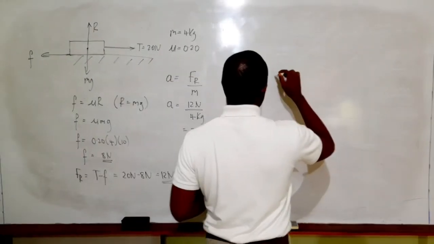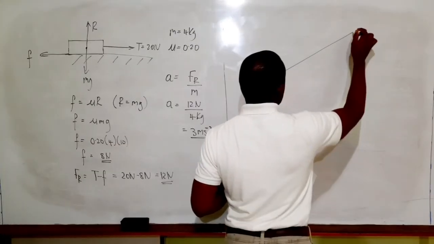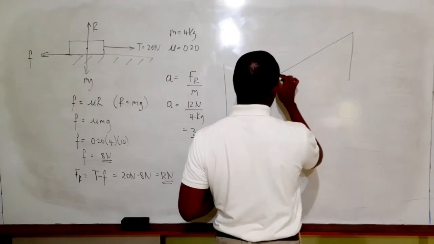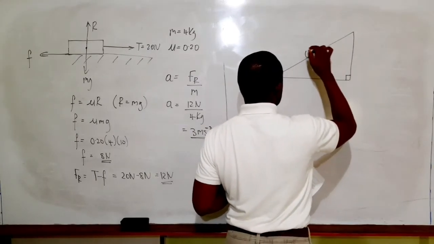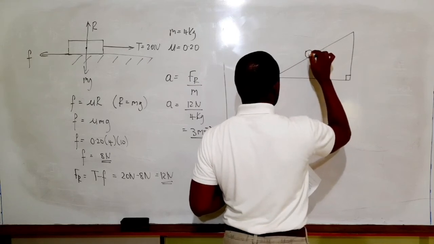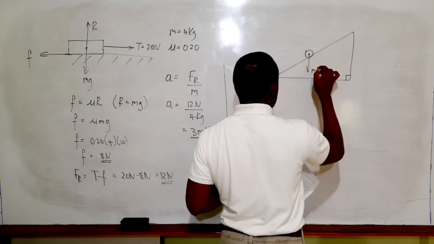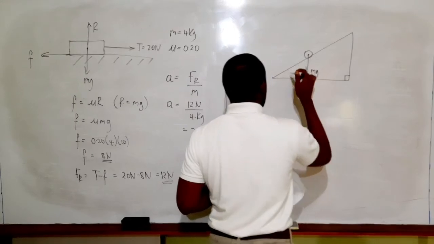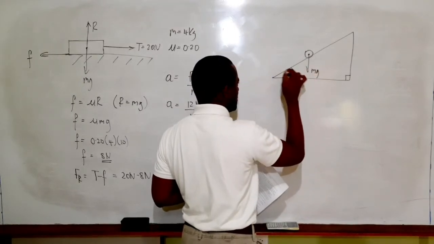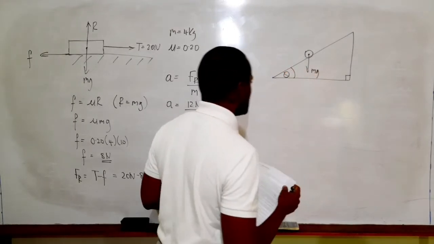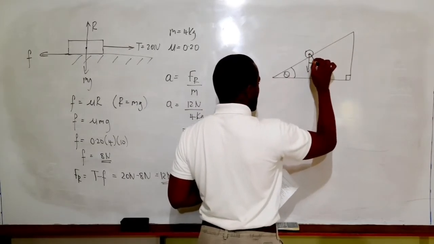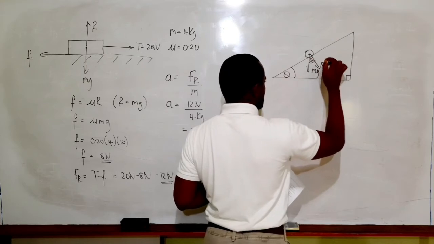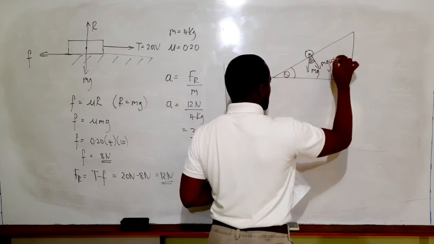So we have a plane and there's a particle sliding down the plane. The particle has weight mg. There's an angle theta to the horizontal, and this angle will also be theta, and this would be mg cos theta.